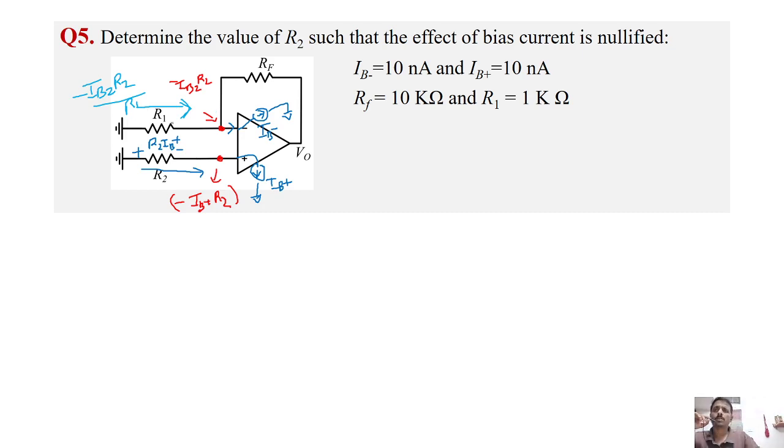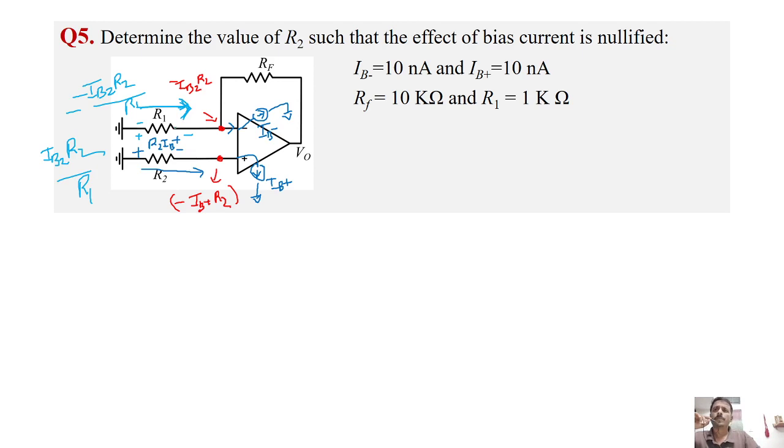Since the current direction is assumed like this, the voltage must be assumed like this, right? So it will be minus of minus, so it will be IB plus into R2 by R1. So that is the current through R1.